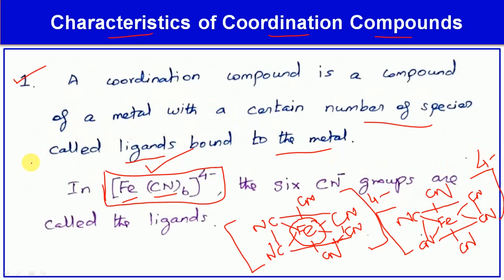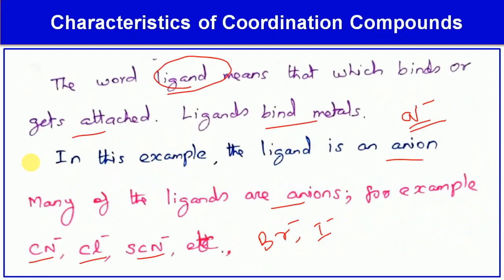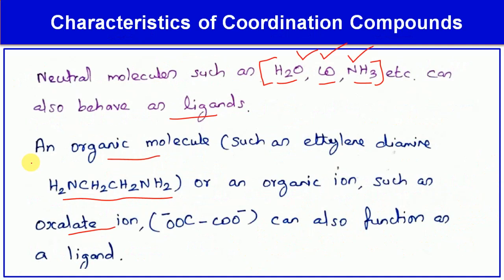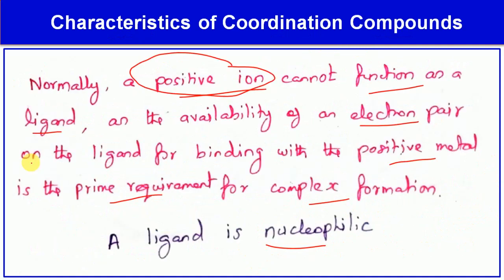Here the ligands are anionic, neutral, and nucleophilic. These are the three ligand types: negative, neutral, positive.